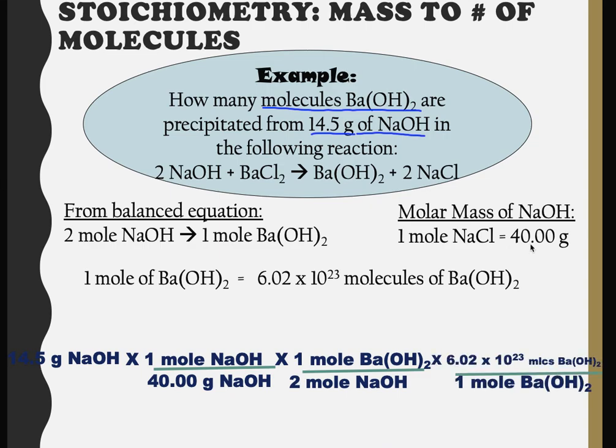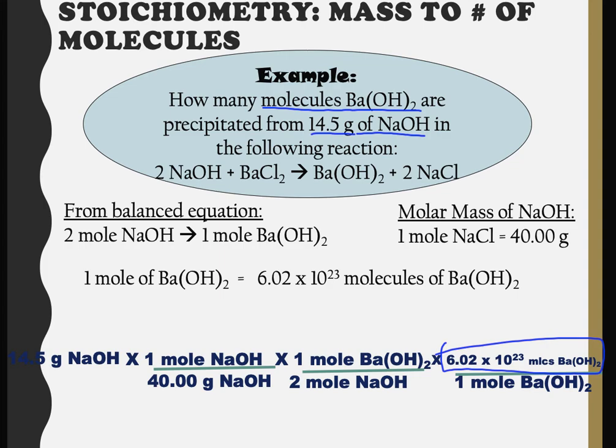If you look at this example compared to the last example, everything is the same except for that. That's the only thing that's different. And the reason it's different is because I want molecules instead of grams.